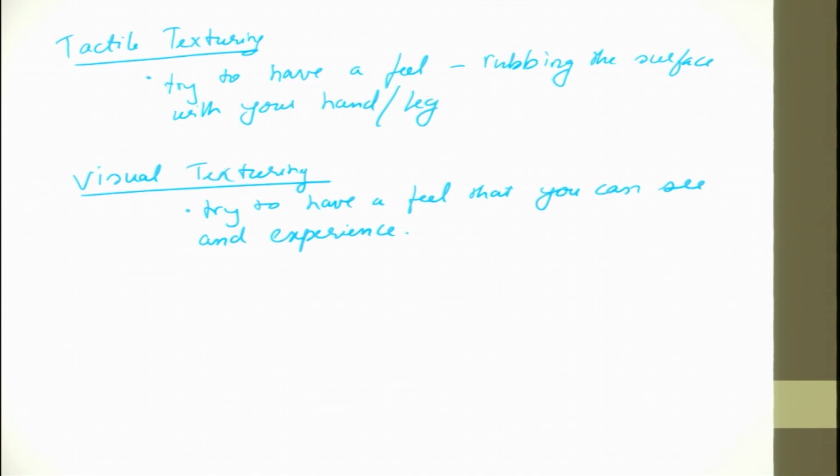Feel in the sense of feeling just by seeing, and here it is not by touching. So, I will change this word: it gives an impression that you can see, an impression rather than a feel.